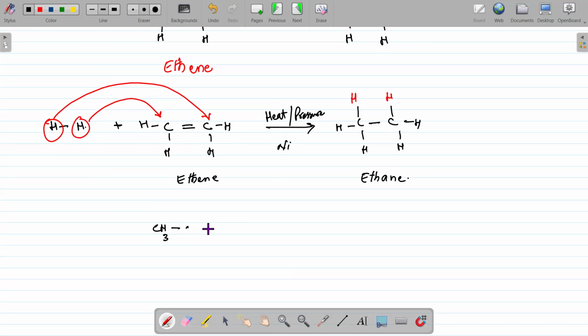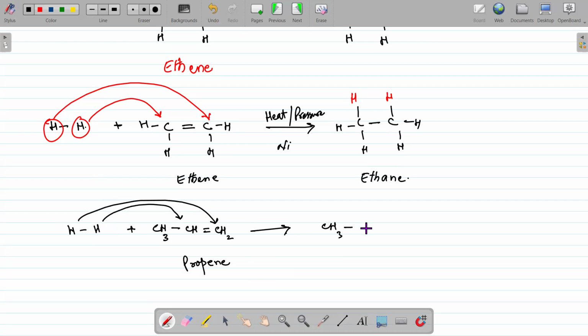CH3, CH double bond CH2. As we can see, there are three carbon atoms, so it's propene. And if a hydrogen molecule is added on it, what will be our product? So you can see the hydrogens will add on both carbon atoms. So we get CH3, CH2 single bond, and CH3.